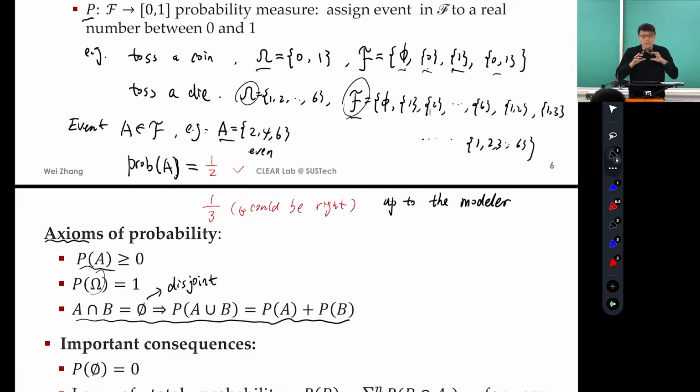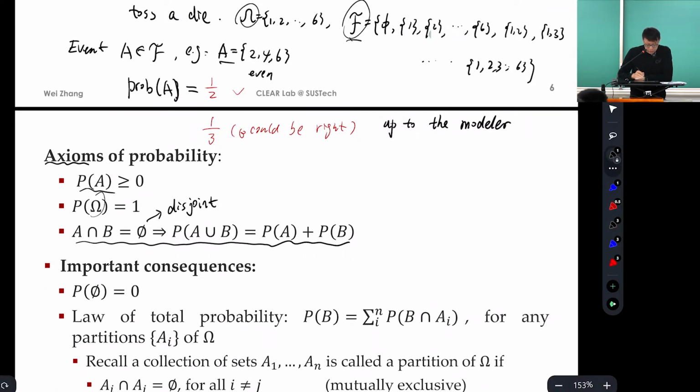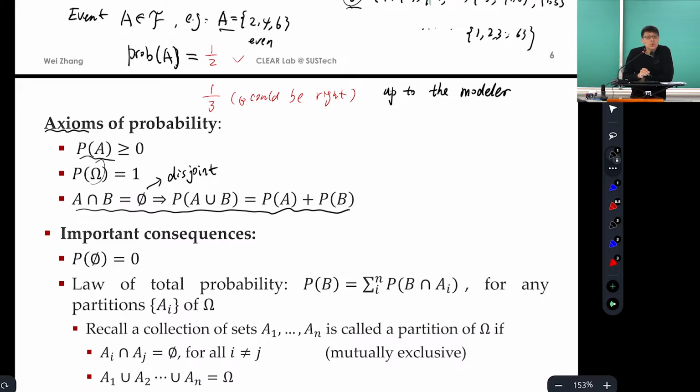For disjoint sets, the probability of the union has to be the sum of the probabilities of the individual events. I think you must be very familiar with these.